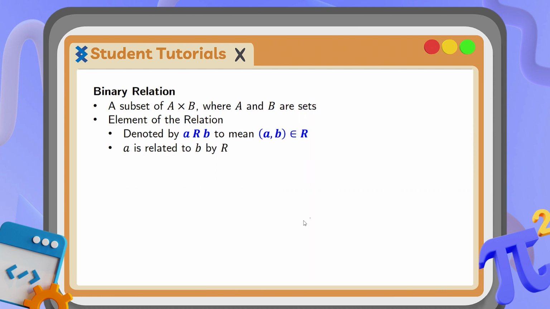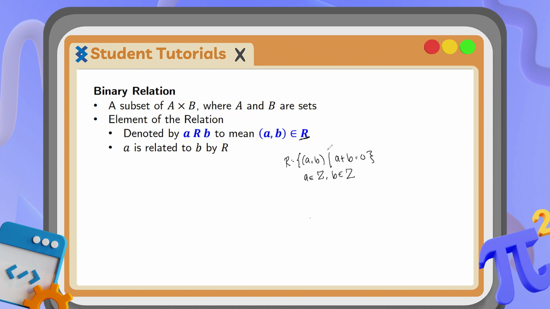R, in this case, means a set. So R could be, let's say, the pairs (a, b) such that a plus b is equal to 0, provided that a is part of the integers and b is part of the set of integers as well.